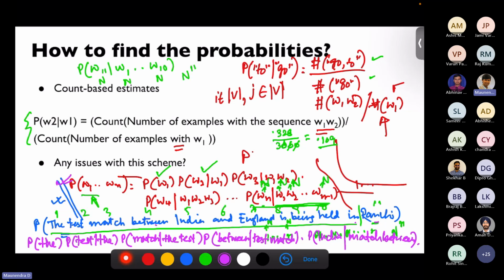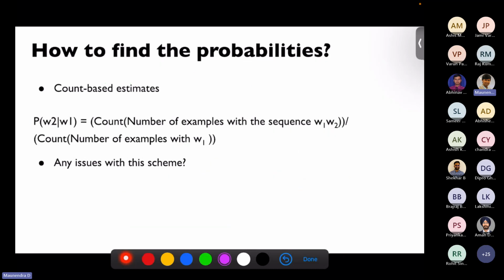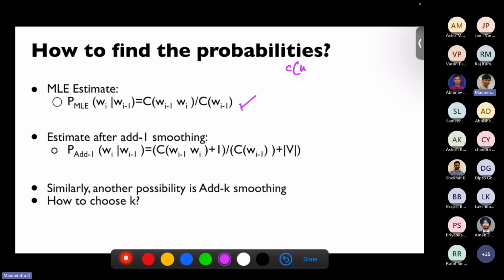One way to deal with that is by using smoothing. One of the very simplest techniques is add-one smoothing. Originally the probability is the count of the pair wi minus 1, wi divided by the count of wi minus 1, the previous word.